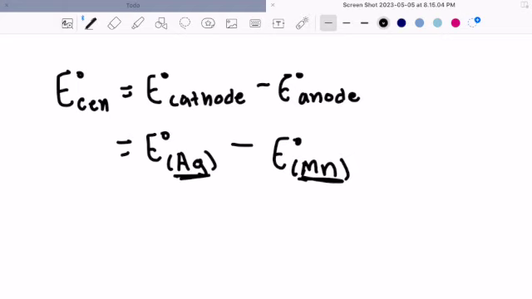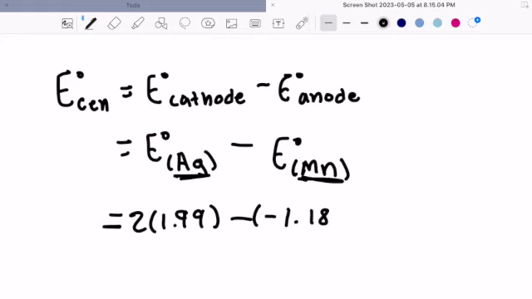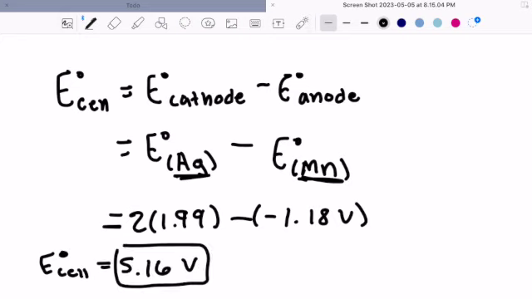So you can find these values in the half reaction chart that is given to us inside of our notes. So 1.99 minus negative 1.18. This equals 5.16 volts, or 5.16 joules per coulomb.